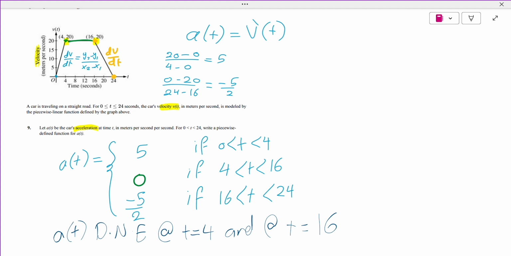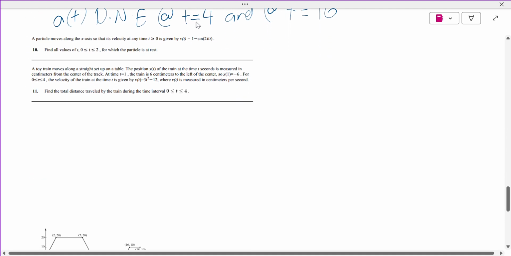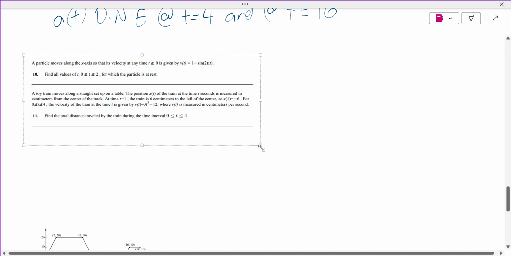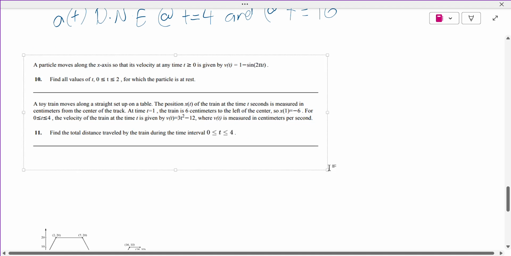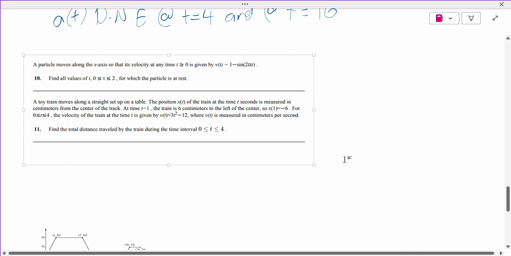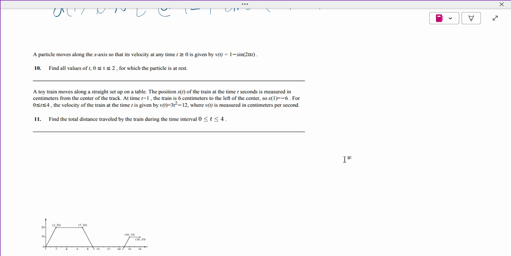Moving on to question number 10. Well, a particle moves along the x-axis, so its velocity at any time is given by v of t. Find all values of t for which the particle is at rest.